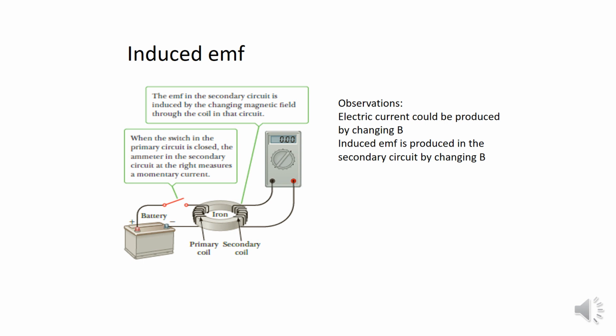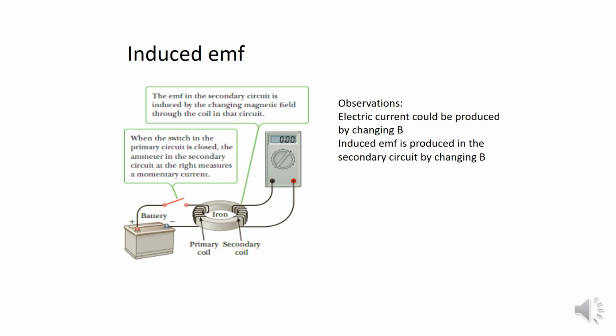Because before this there was no current and then we have a current, there will be a change in flux at the primary coil, from 0 to the existence of flux. Because of the change of the flux here, there will be an induced current at the secondary coil, so we can see readings at the ammeter.